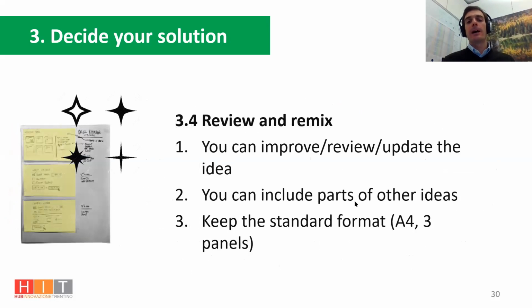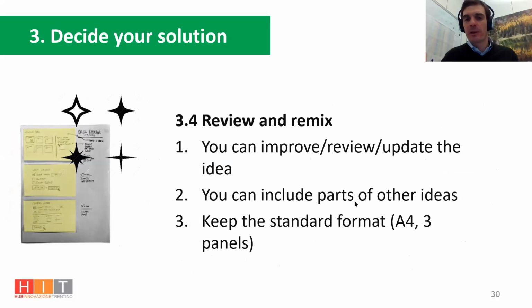The very last sub-phase of the decision phase is called review and remix. This might not happen, it depends, but it means that if you end up having two rather similar ideas which got most of the votes, you might sort of merge them.